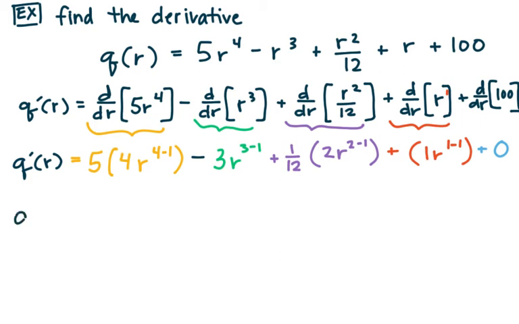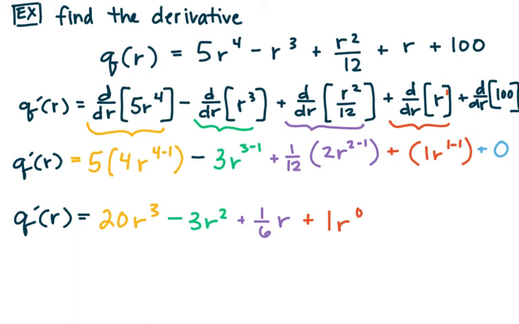All right, so let's clean this up. Q prime of r equals 20r cubed minus 3r squared. 2 over 12, that's going to be plus 1/6 r, 2 minus 1 is to the 1st power, which doesn't need to be written, plus 1 r to the 0th power.